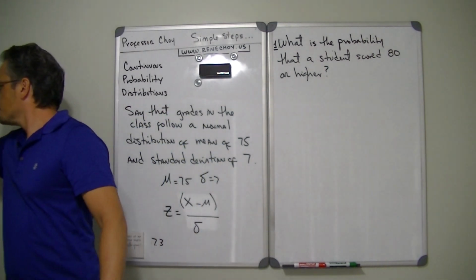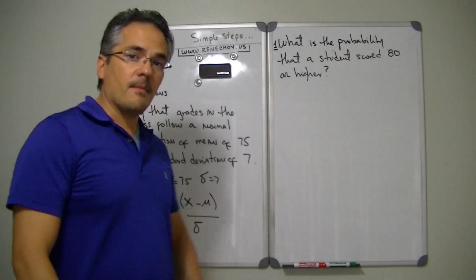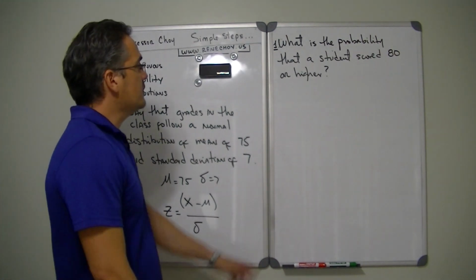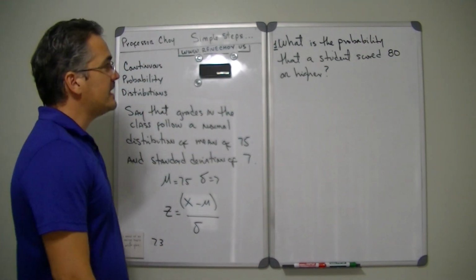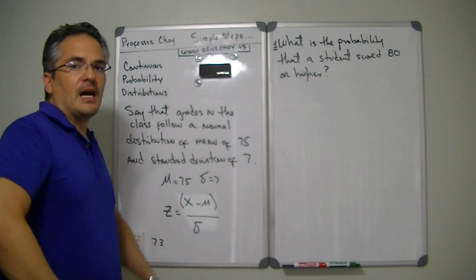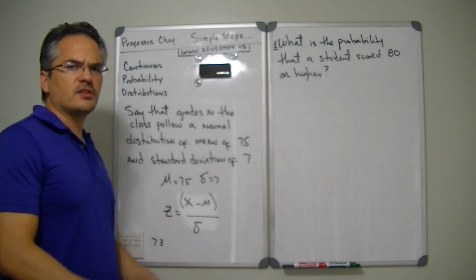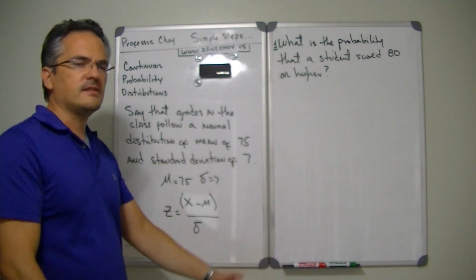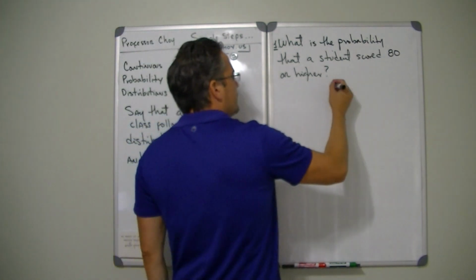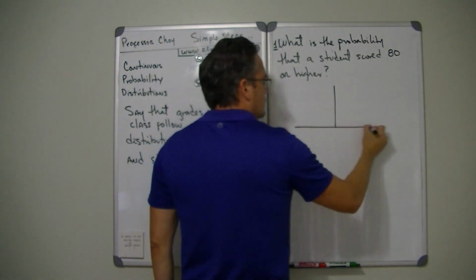Alright. So, what's the probability that a student scored 80 or higher? Okay, so every time I'm trying to answer these questions, I like to draw my graph because it's a little difficult to just keep all this stuff up here. So you draw it, you do it nice and slow, and that's what we're going to be doing. So this is what I got right now.